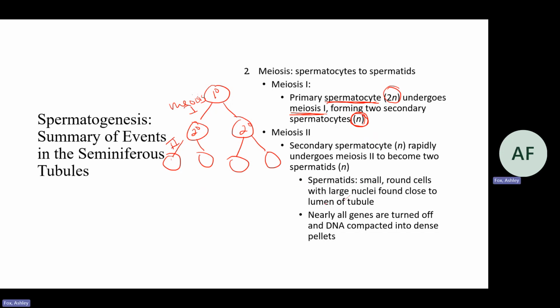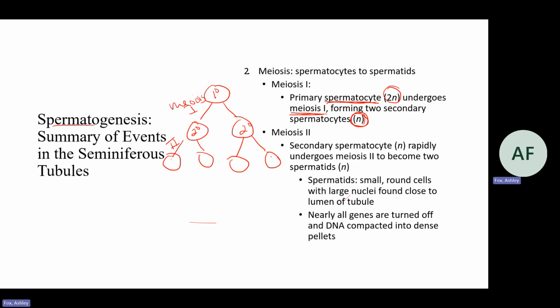Spermatids are kind of, again, round cells. We haven't gained their ability to swim yet. And they're going to be closer to the actual tube. So these are going to be what are moved along, so then they can go through spermiogenesis. So spermatogenesis is making sperm. Spermiogenesis is making them able to swim.